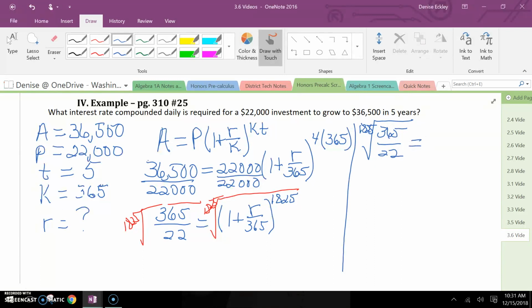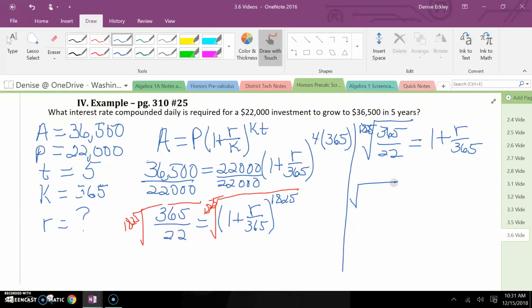And again, I'm just going to put this in my calculator all at one time to get the most exact answer. So I'm going to subtract 1 and then multiply everything by 365.